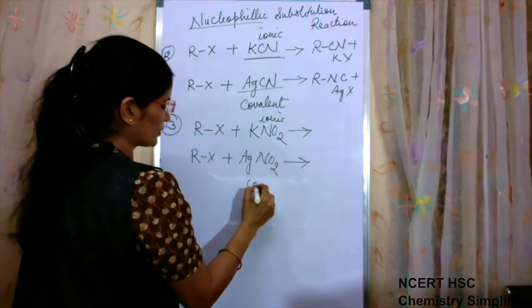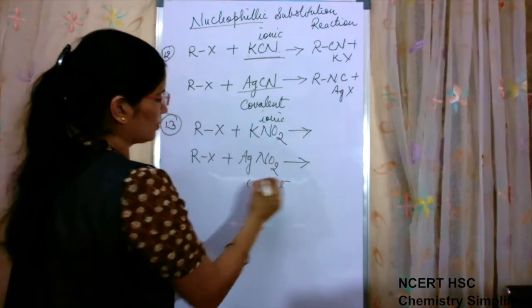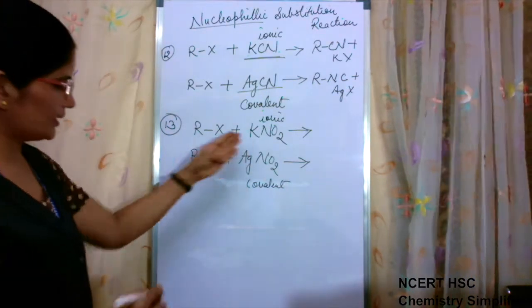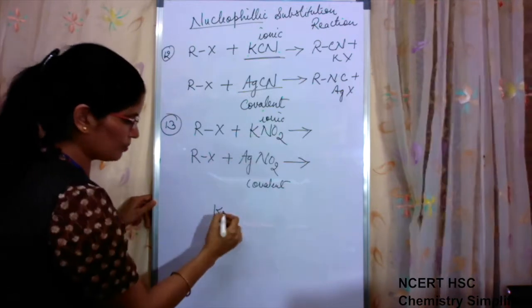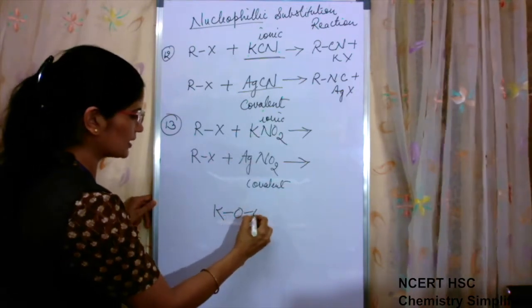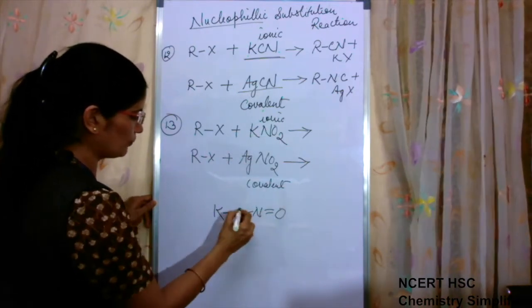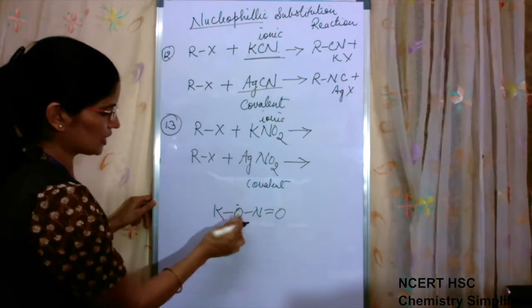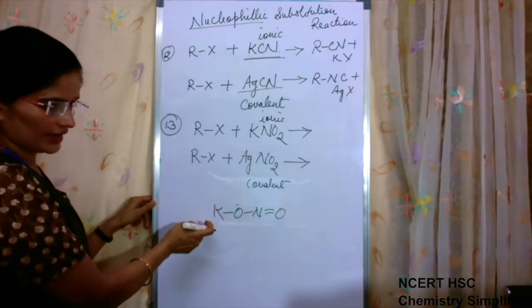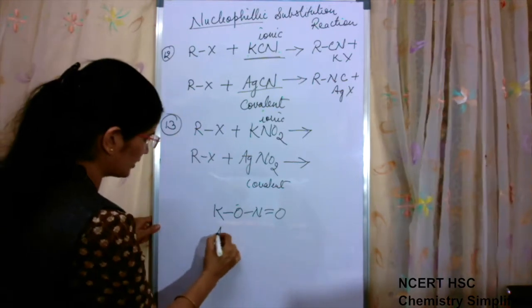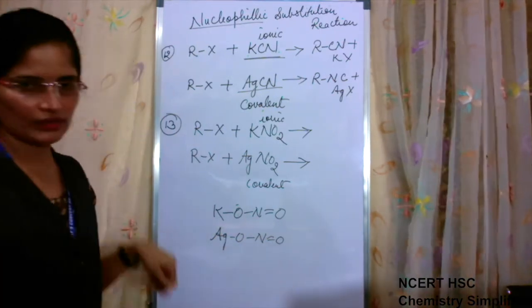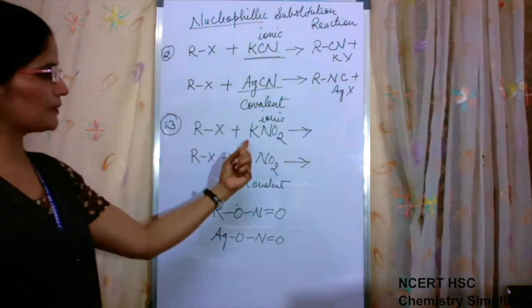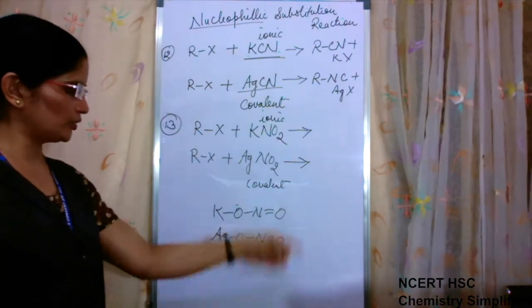This is a covalent compound. Actually, the bond formation is like this. Though we are writing KNO2, actually the bond is like this: N double bond O, and O bears the negative charge, that is why it bonds with K. Similarly, AgON double bond O. This is the actual bonding present in KNO2 and AgNO2.